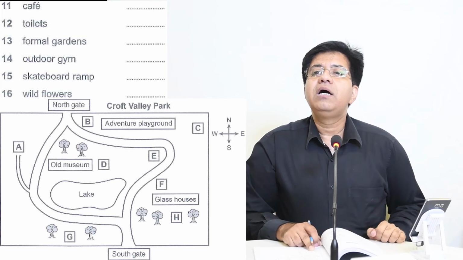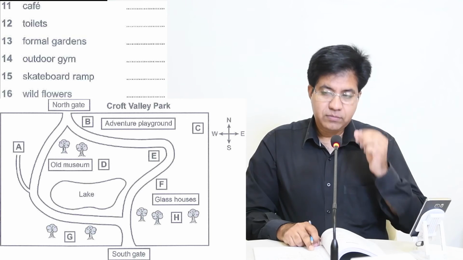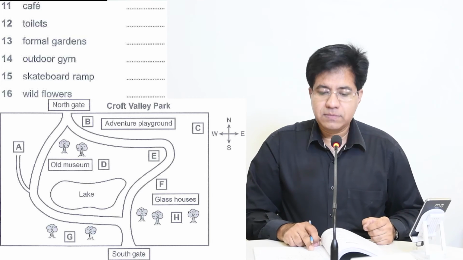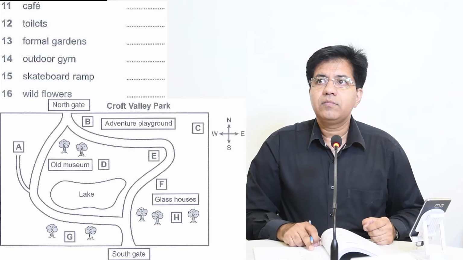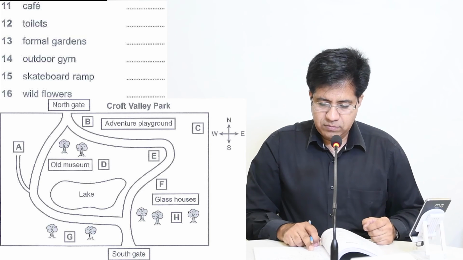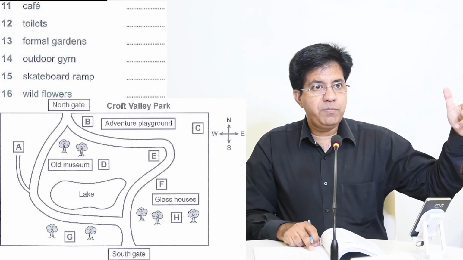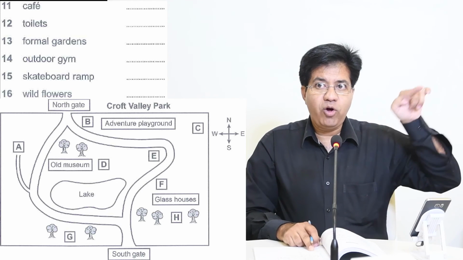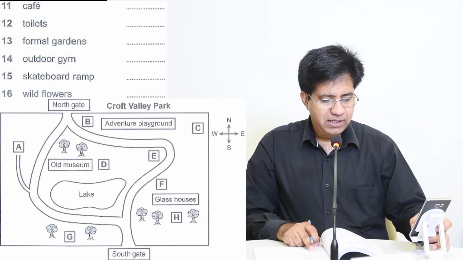One very successful introduction has been our skateboard ramp. It's in constant use during the evenings and holidays. It's near the old museum, at the end of a little path. Okay, near the old museum, near. End of little path, and you understand that. That leads off from the main path.